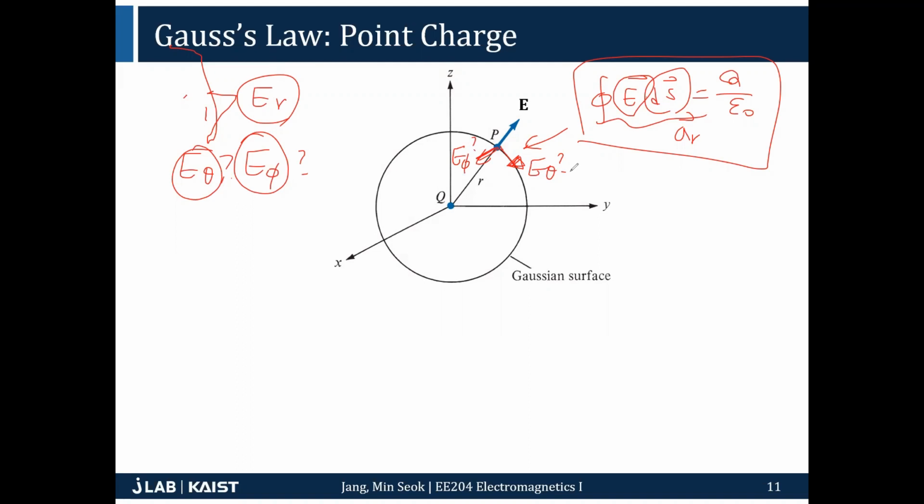Can anyone answer this? I mean, your gut feeling, right? You know that something's going to go wrong if you have a theta or phi component, so you can kind of naturally, intuitively rule out that possibility. But the thing is, Gauss law itself doesn't tell you, doesn't ensure you that there's no theta or phi component.